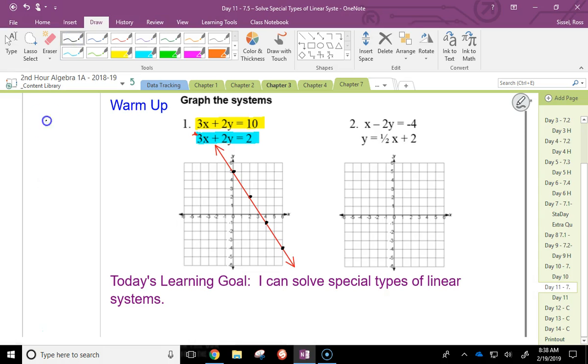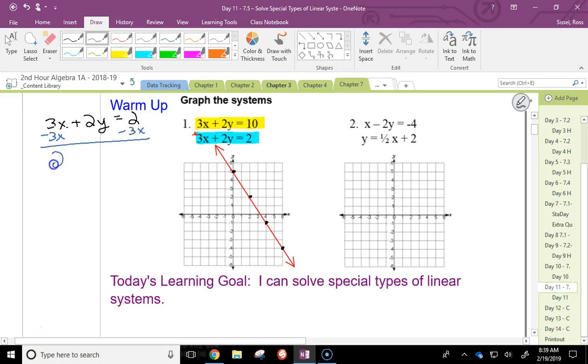Now I'm going to have 3x plus 2y equals 2. We do the same things. I minus 3x to get y by itself. And I have 2y equals negative 3x plus 2.